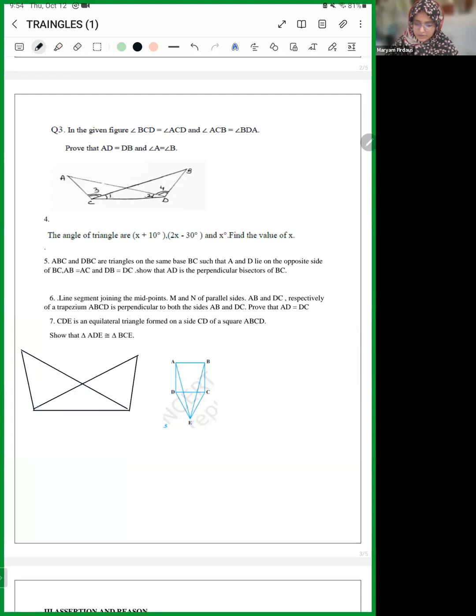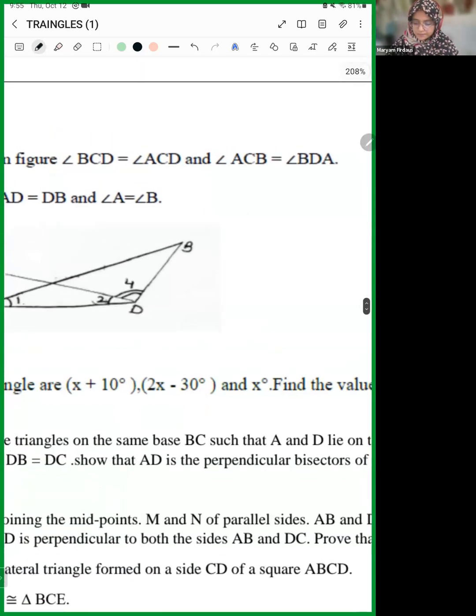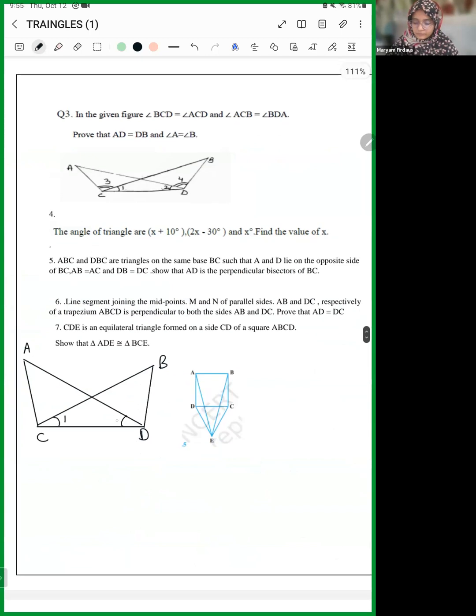Okay, and then this is A, B, C, D. Oops, sorry, this is C and this is D. This is angle 1, which is equal to angle 2. In the given figure, angle BCD is equal to angle ACD. No, no, no. One sec. Angle ACB is equal to angle BDA.